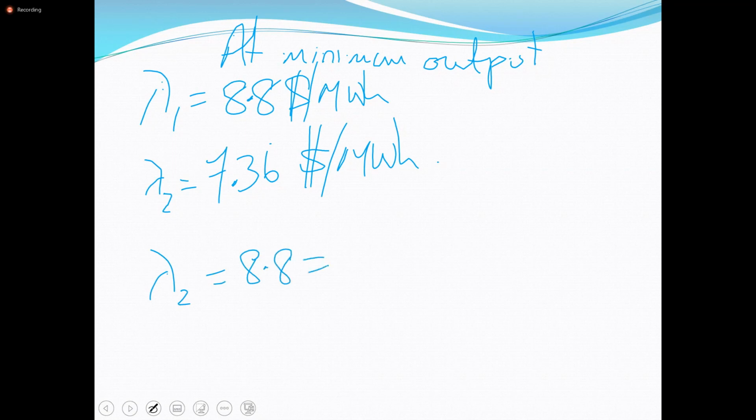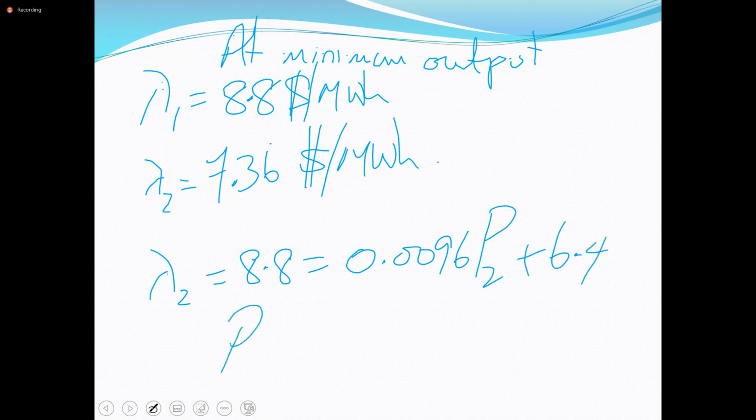So $8.80 is equal to 0.0096 P2 plus 6.4. Now what is P2 from this? What's P2, Mr. Sinclair? 250, sir.